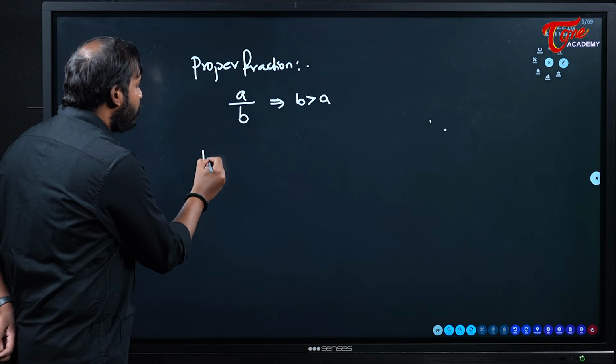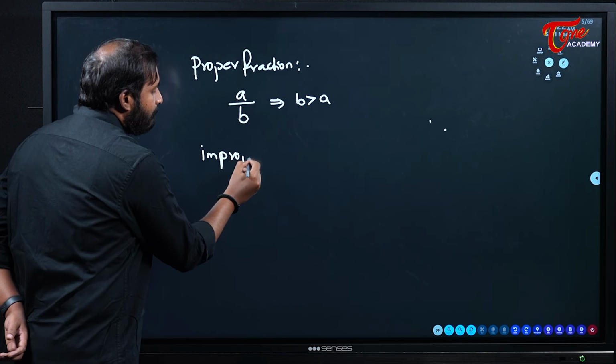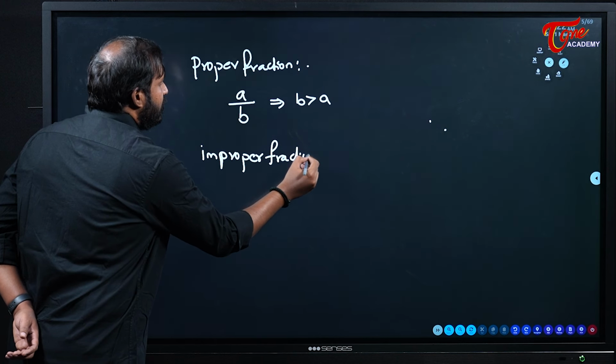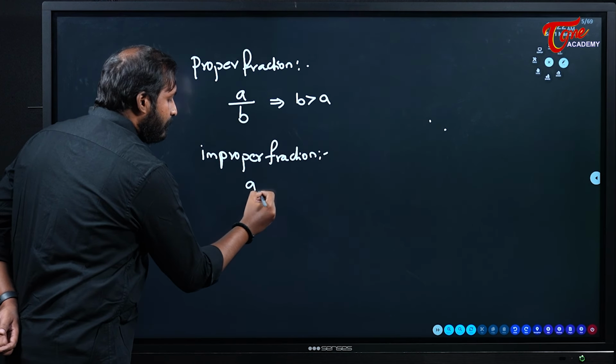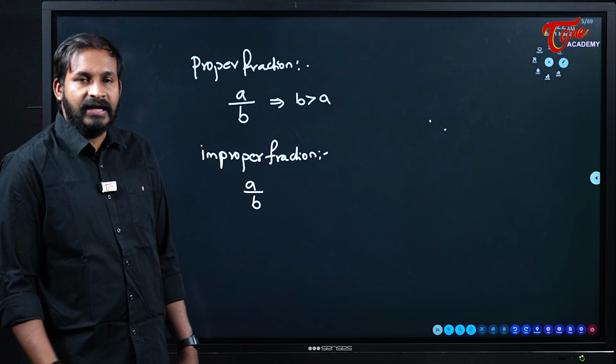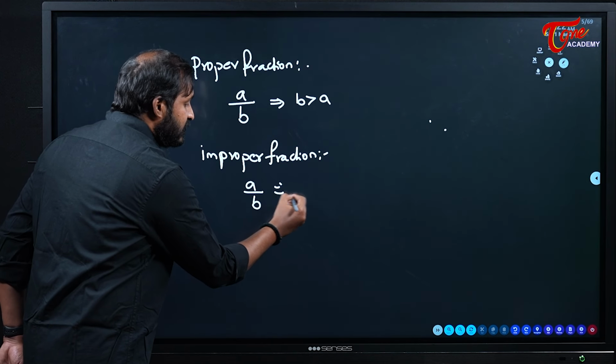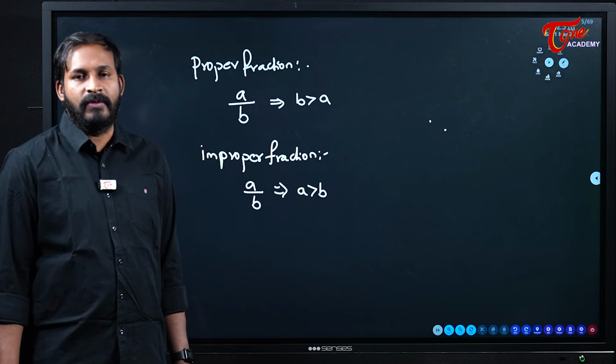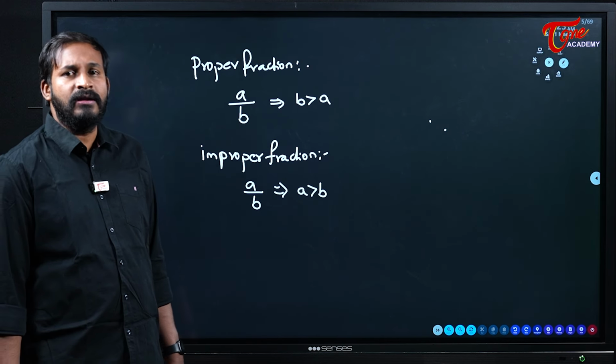Next, when it comes to improper fraction, if we have a by b and a is greater than b, that means my numerator is greater than the denominator, then we call that an improper fraction.